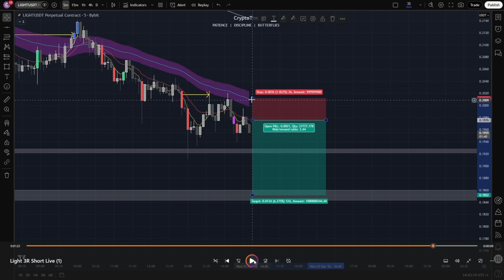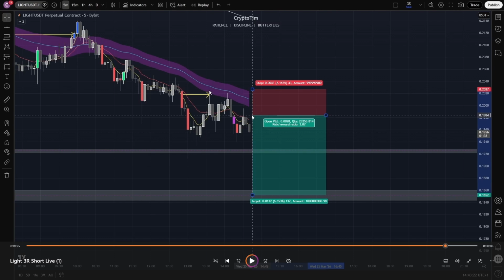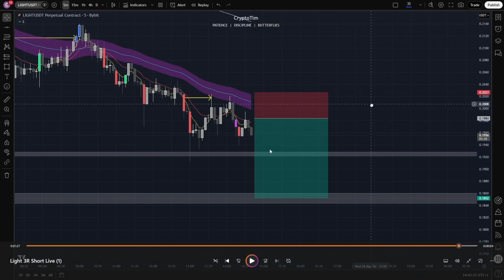I want my entry to be somewhat decent, but first we look at the stop loss. Stop I want above this wick, as this vector got recovered, above the 50 EMA. As we can see, we're kind of rejecting off this 50 EMA. So then I put my entry so that I get a nice 3R risk to reward. That's pretty much everything to this entry.